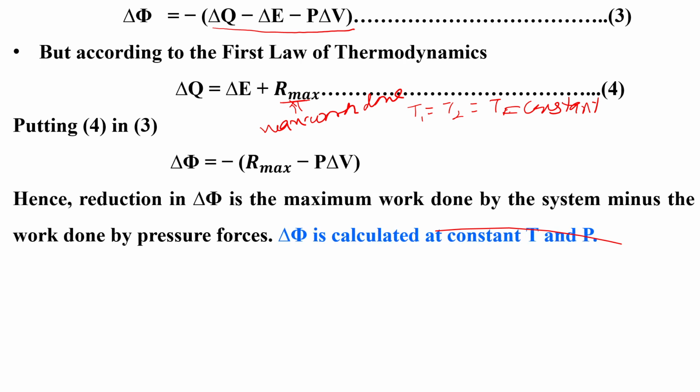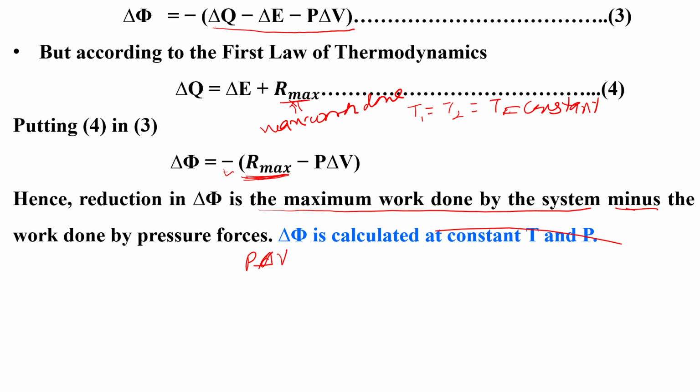Hence the reduction in phi is the maximum work done by the system. So the reduction in phi, which is represented by minus del phi, is the maximum work done by the system, this R max, minus the work done by the pressure forces, which is P del V.